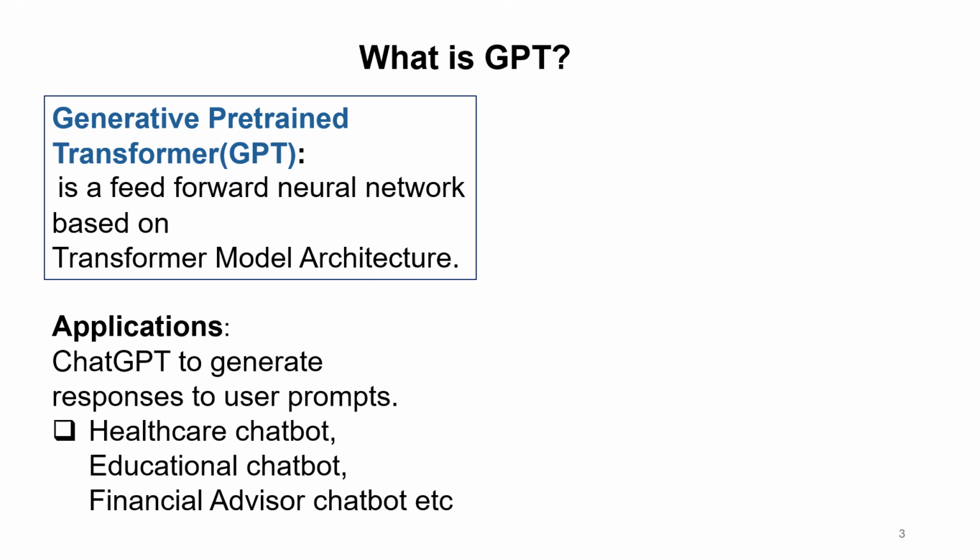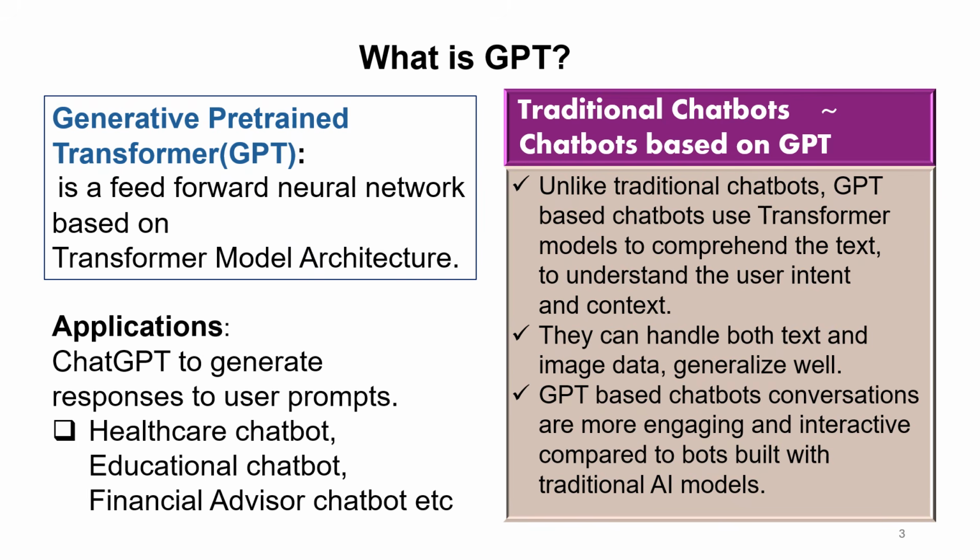How is ChatGPT different from other conversational AI models? Let us look into the difference between the traditional chatbots and chatbots based on ChatGPT. ChatGPT has advanced capabilities to comprehend the text, understand user queries and context.